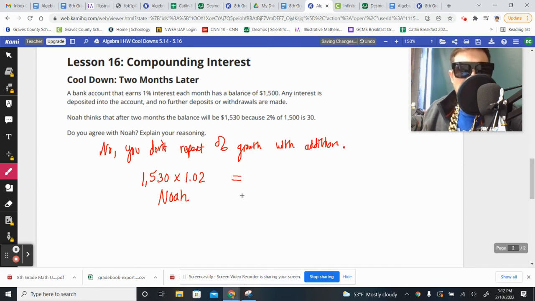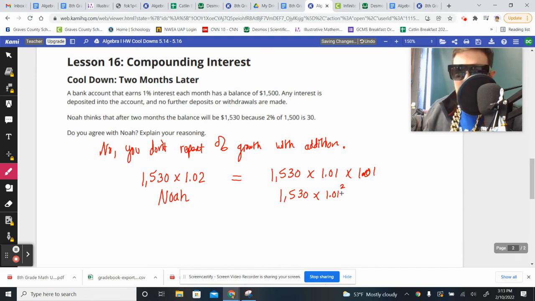That is not equal to what really is happening, because what really is happening is you're taking the amount, multiplying it by 1.01 the first month, and then multiplying it by 1.01 again for the second month, which is equivalent to times 1.01 to the second power. These are not the same things, and we can prove that with our calculator.